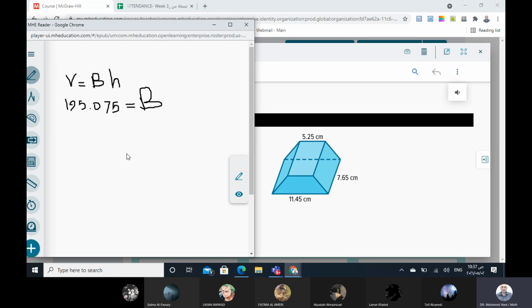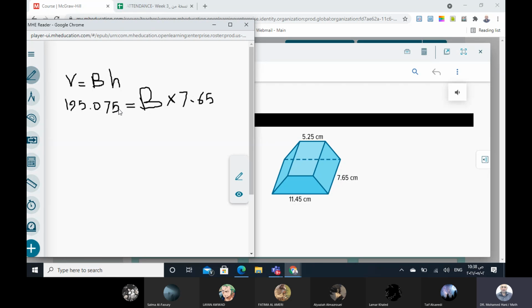Who can tell me what is the height here? 7.65. Excellent. So here we have two parallel and congruent bases. The first base here and the second base here. And the distance between the two bases will be the height.